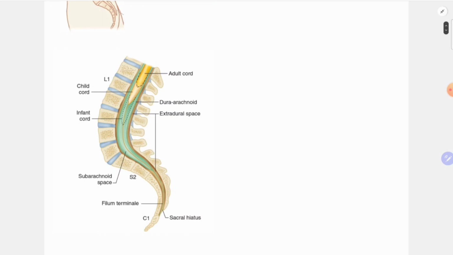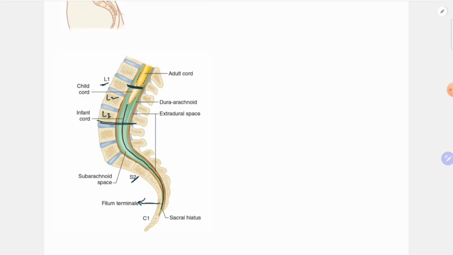Here it is very clearly shown. This is S2, this is L1. The adult cord ends at this level. If this is L1, this is L2, this is L3, this is where your infant cord would end, right? Although the main spinal cord has ended, the fibrous extension you can see continues, and that's the filum terminale here.